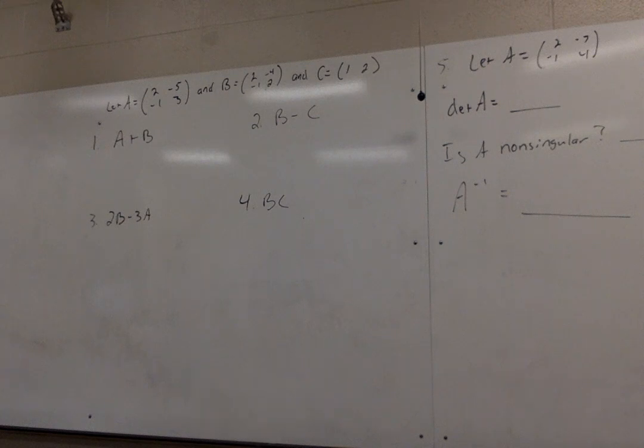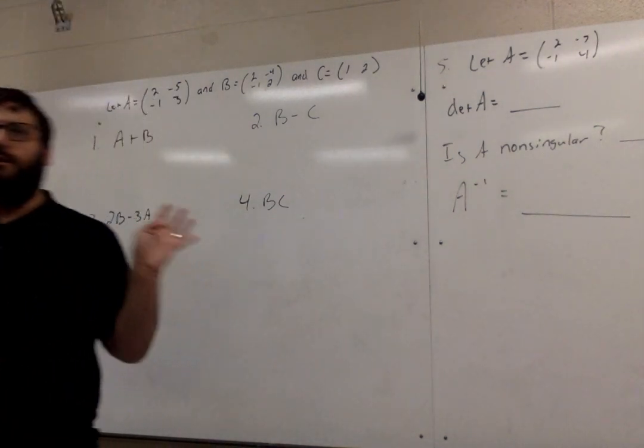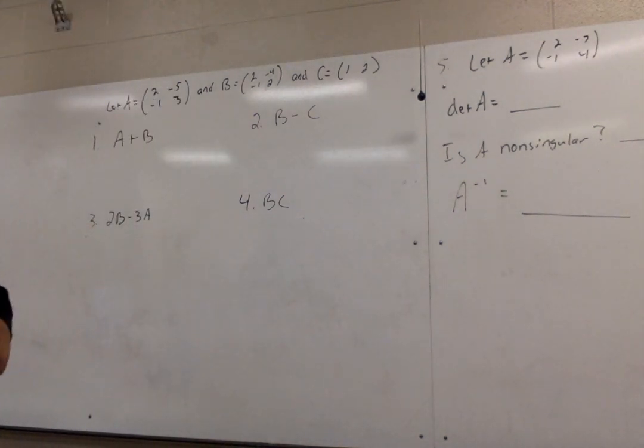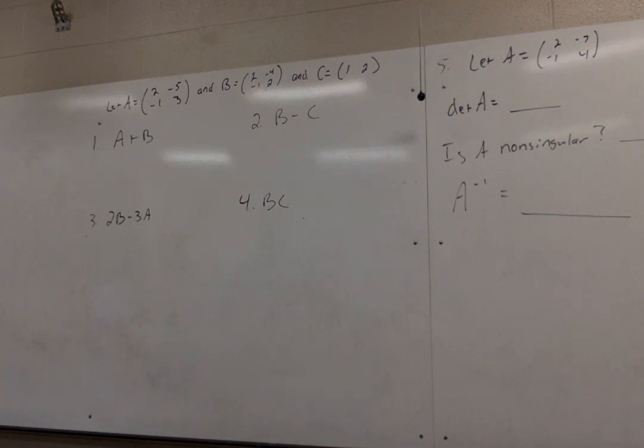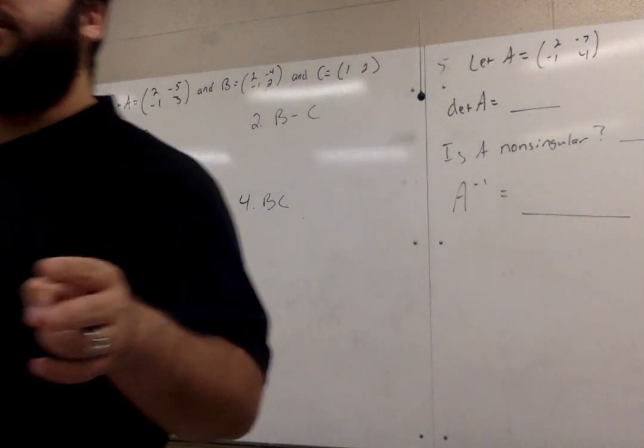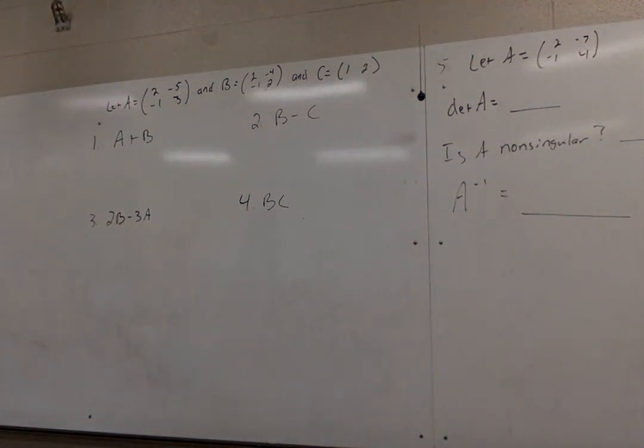And you're essentially going to have 3 sections on the test. I worked really hard to make sure that everything fits on one page back and front. So you're only going to have 3 sections for this test. First section will be all 4 matrix operations: addition, subtraction, scalar multiplication, and matrix multiplication. The second section will be determinants and inverses.